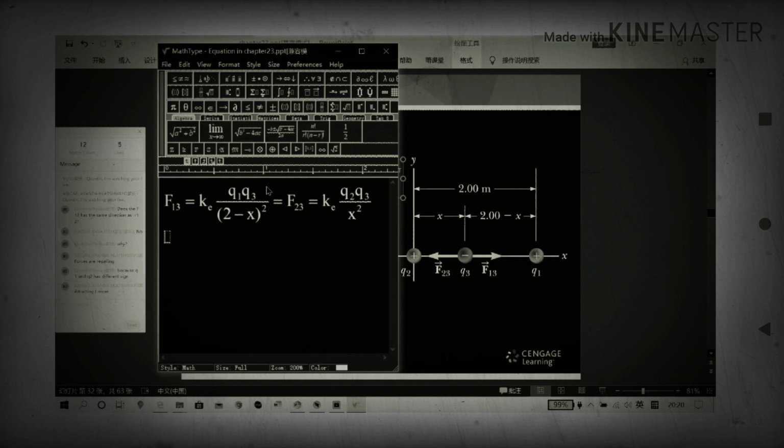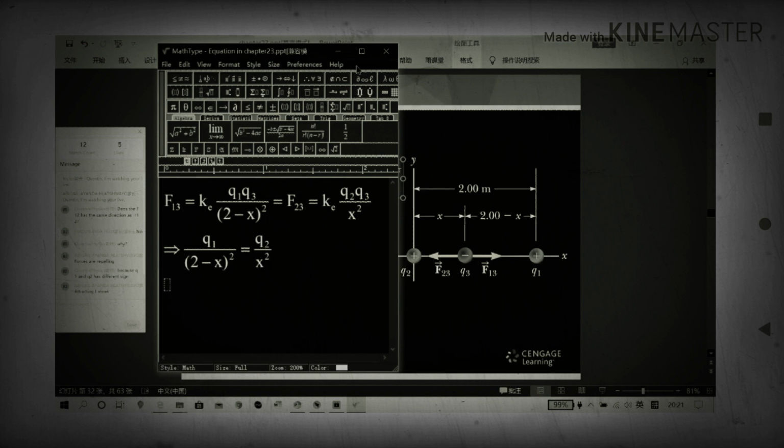Now, it's very easy to solve for x. We can cancel the KE with each other, and we cancel Q3 with each other. So what do we get? We get this equation. Alright?